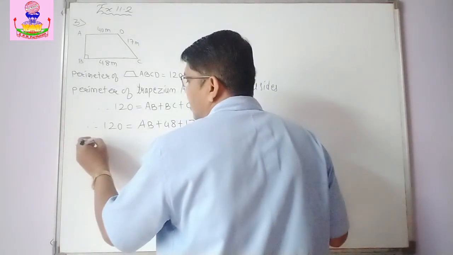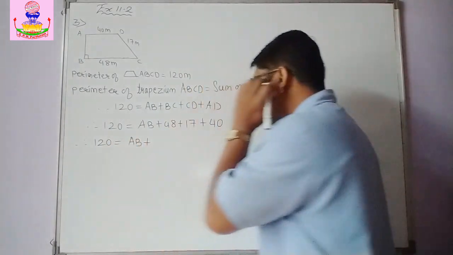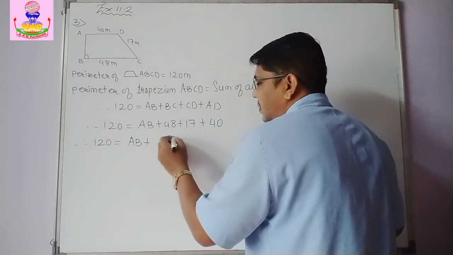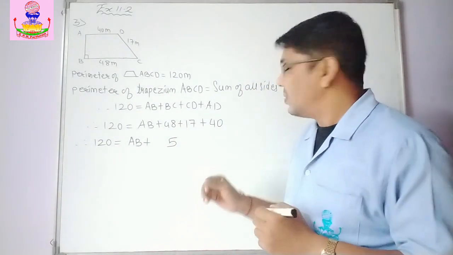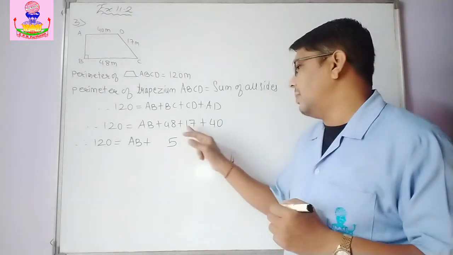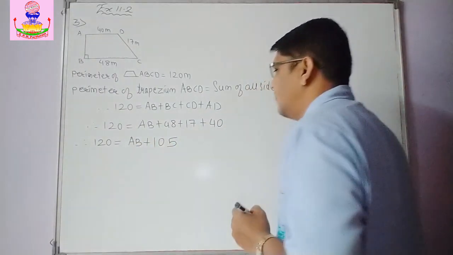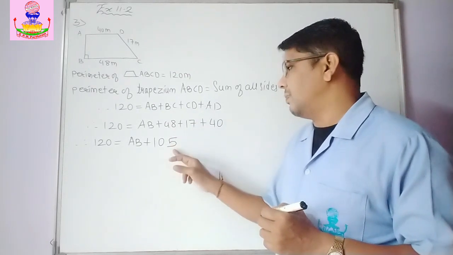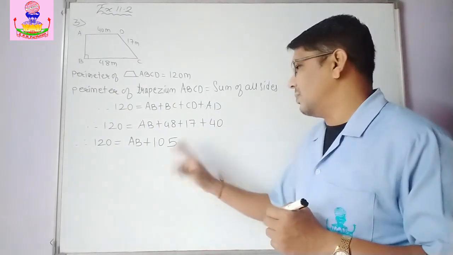So 120 is equal to AB plus, now 8 plus 7 is 15, plus 0, 15. So 5, 1 carry on. 1 plus 4, 5, 5 plus 1, 6, 6 plus 4, 10. You can check it. 0 plus 7, 7, 7 plus 8, 15, 1 carry on, 4 plus 1, 5, plus 1, 6, 6 plus 4, 10.